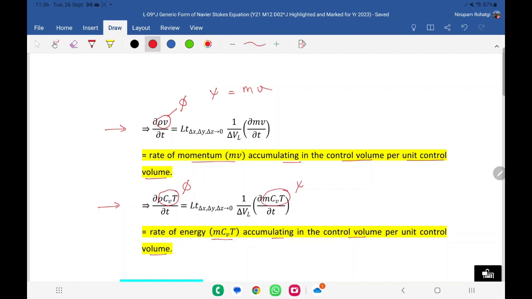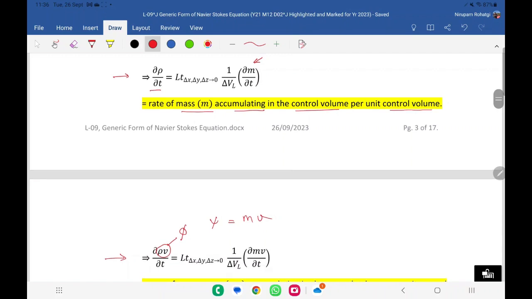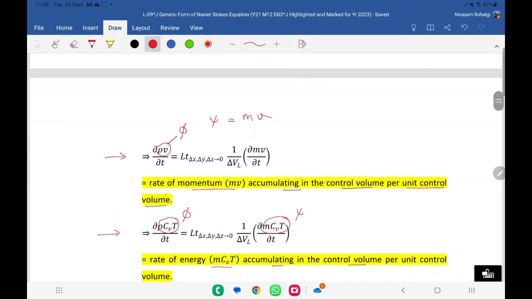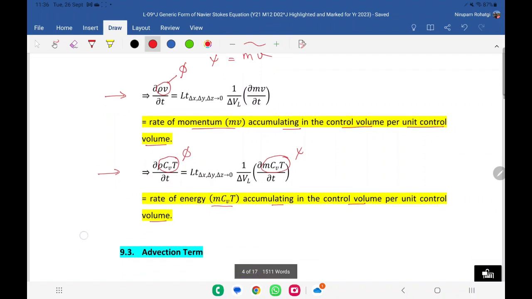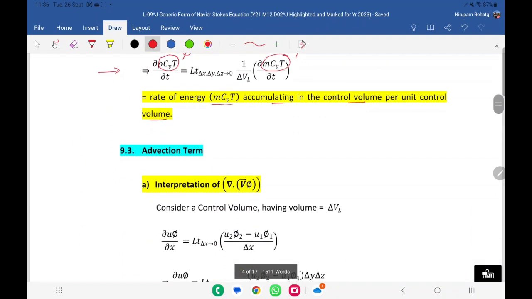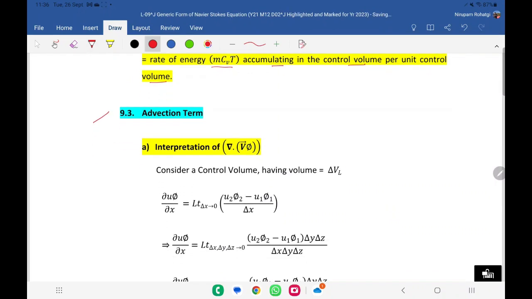Okay, so this is how you can interpret all of them. So you have these three: del rho by del T, del rho V by del T, and del rho CV T by del T. Okay, each one. Now we talk about the advection term, and we are trying to interpret this.